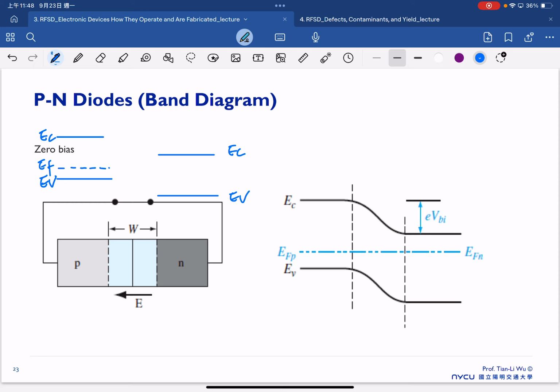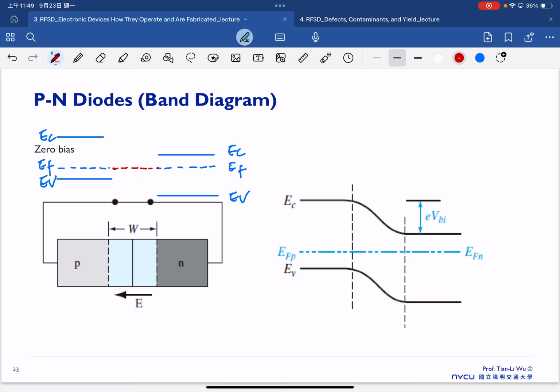The n-type means our EF is close to the conduction band. And this is a case under the zero bias. So zero bias means our Fermi energy is constant everywhere, because this is a zero bias.